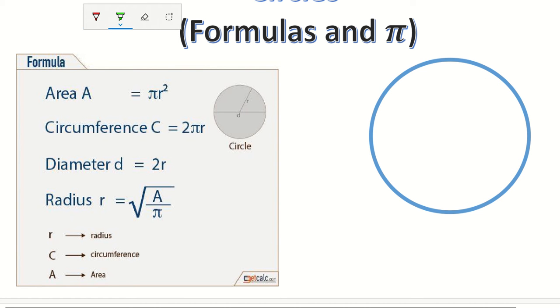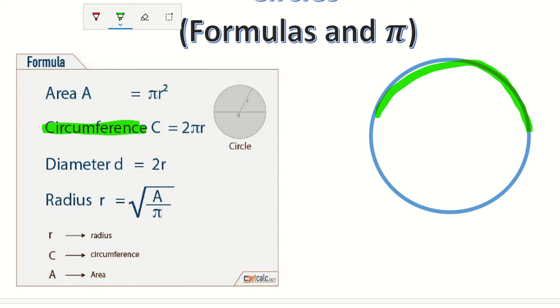If you want to find out the measurement of the outside of the circle, let me highlight that. If I were to get a piece of string and go around, that would give me the circumference. But of course, we don't have pieces of string. We have formulas that we can use. In order to find the circumference, you can also use the radius.